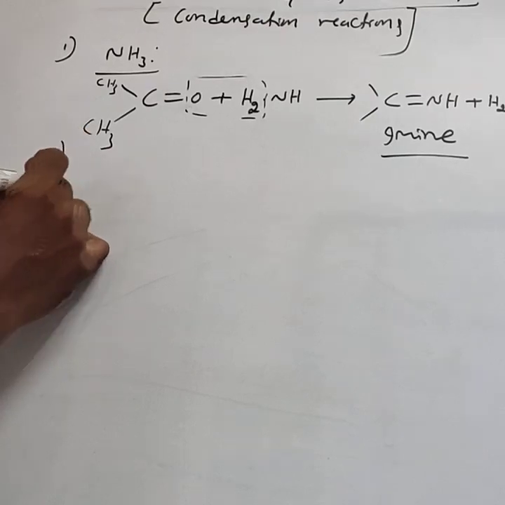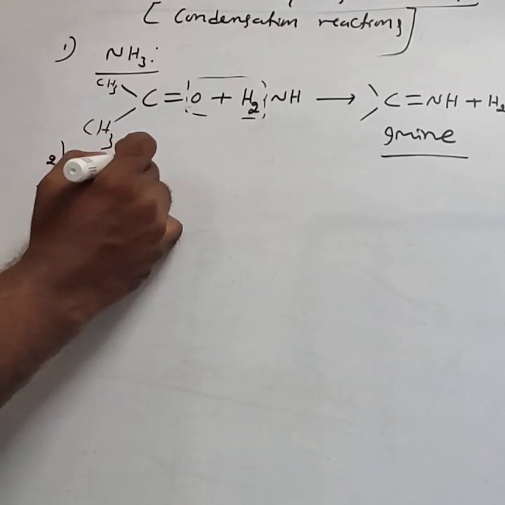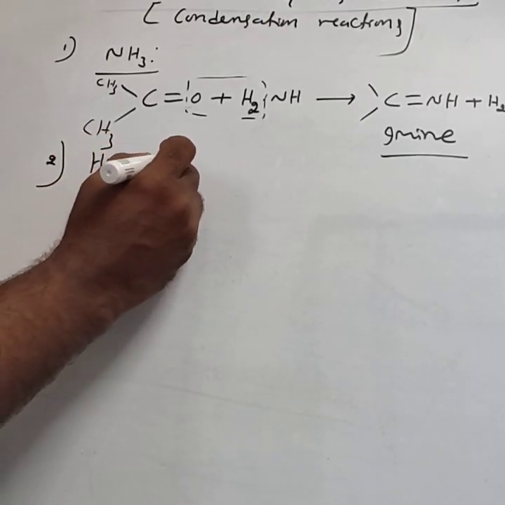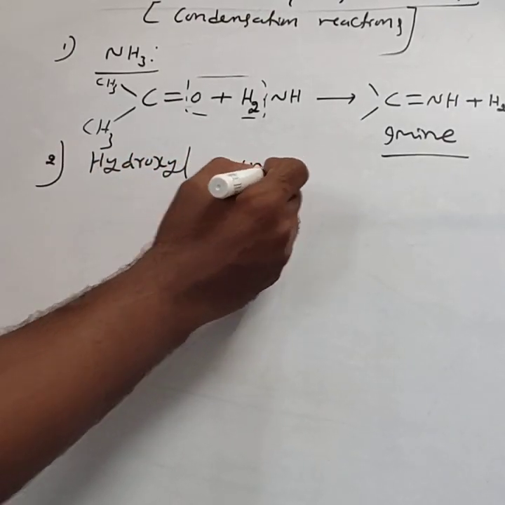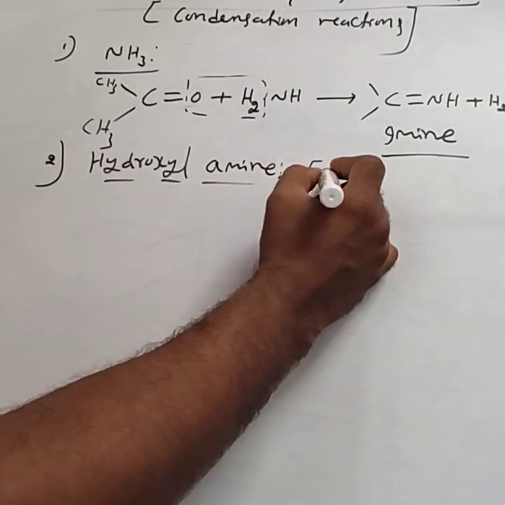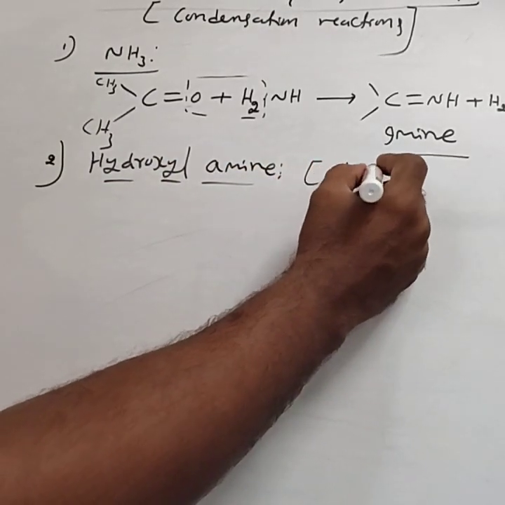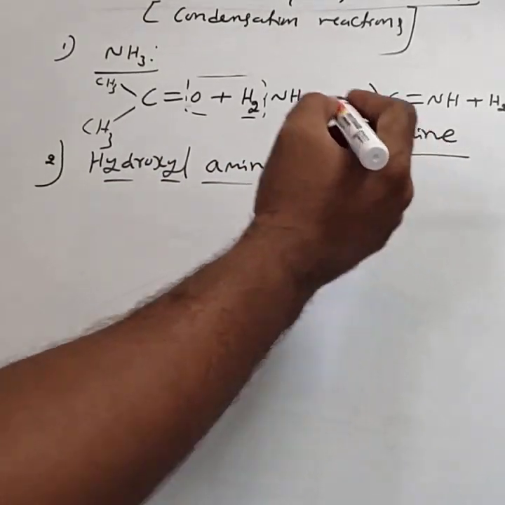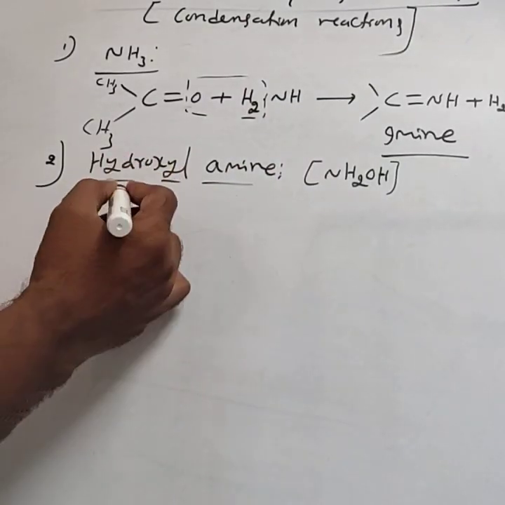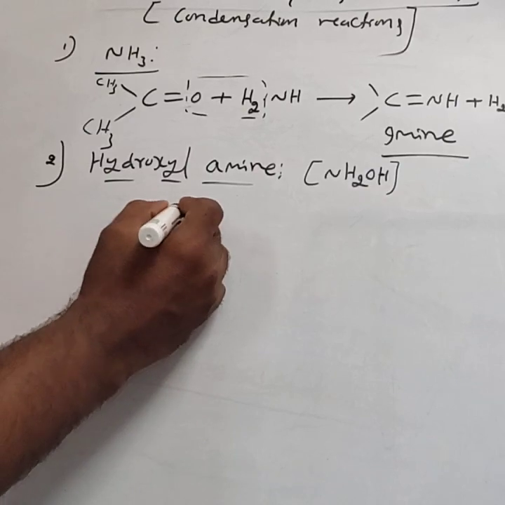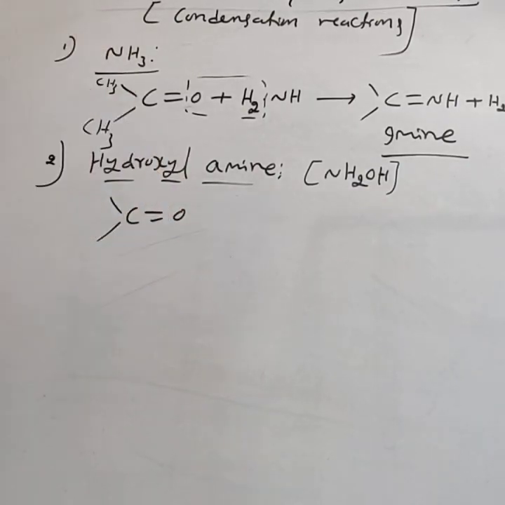Next one, reaction with hydroxylamine. The hydroxylamine formula is NH2OH. This is very important. Consider the carbonyl compound, maybe an aldehyde or ketone.